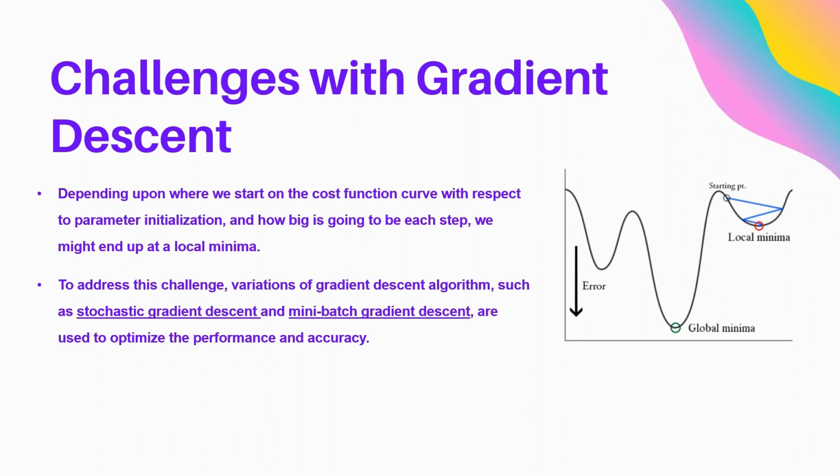The other is mini batch gradient descent, where we randomly pick mini batches of data, calculate the gradient and then update the weight vector accordingly. We'll look into the details of both of these in a future video.